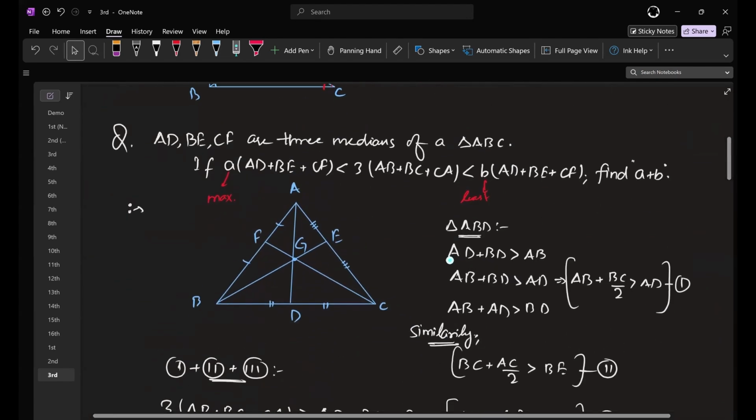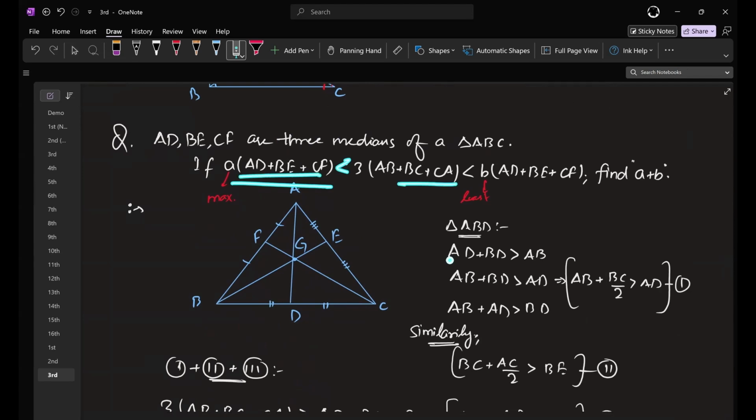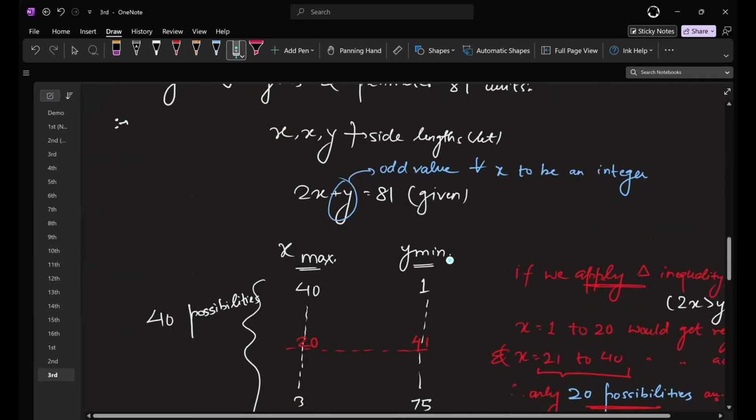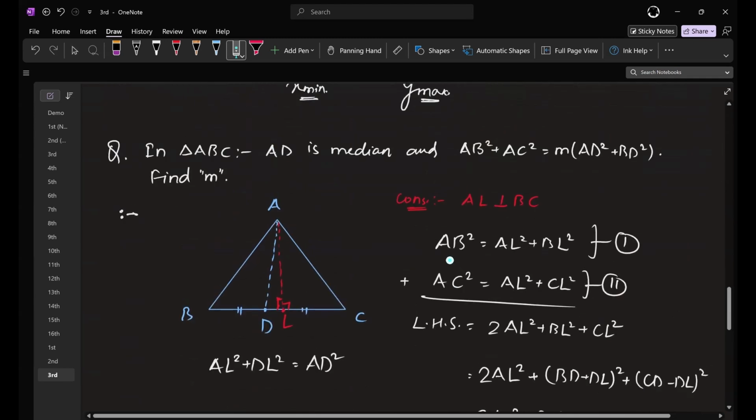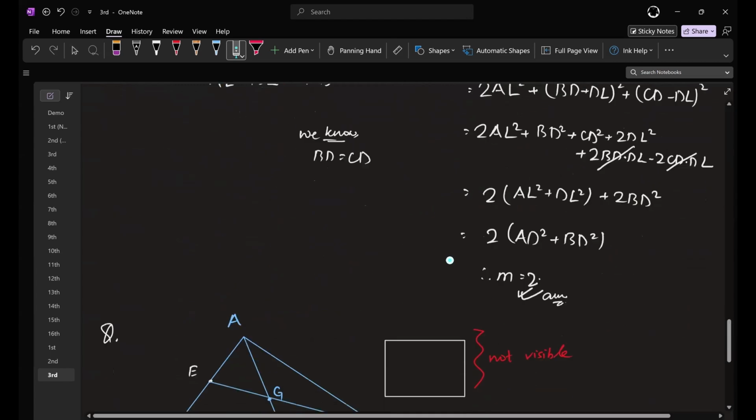Like in the earlier question, something was greater than the sum of side lengths, so we had to apply the triangle inequality. Here the sum of squares of sides was there, so we had to apply Pythagoras theorem.